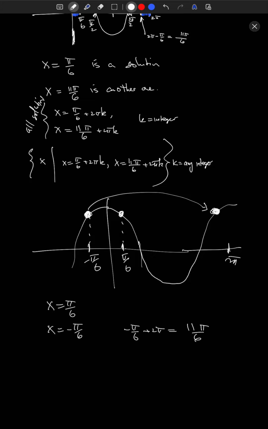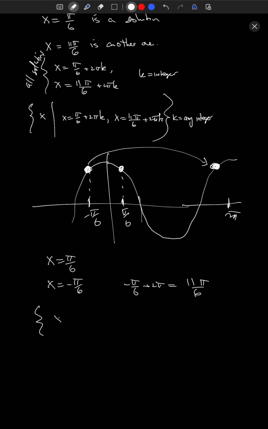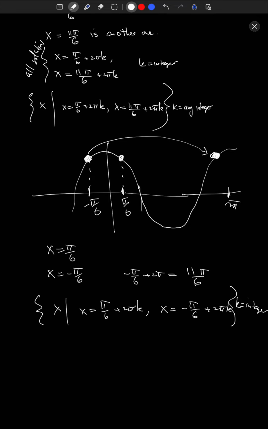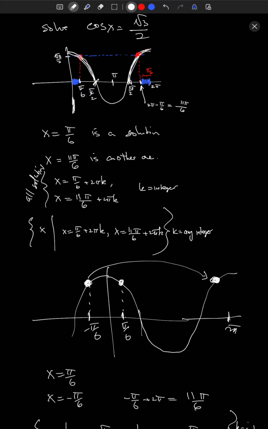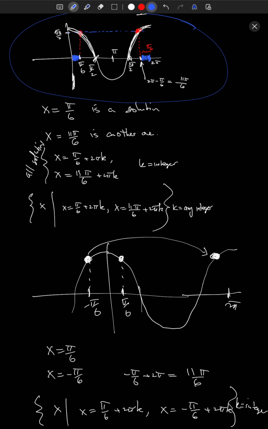So that's exactly the one that we just found. So an alternate way to write this solution is x such that x equals pi over 6 plus 2 pi k, x equals minus pi over 6 plus 2 pi k, k equals any integer. All right. So whichever one you're comfortable with is fine. But again, I found that a lot of people are more comfortable consistently working between 0 and 2 pi.